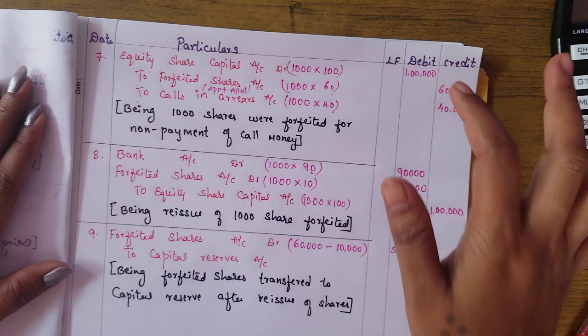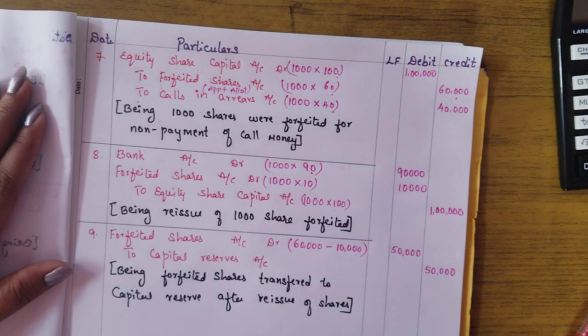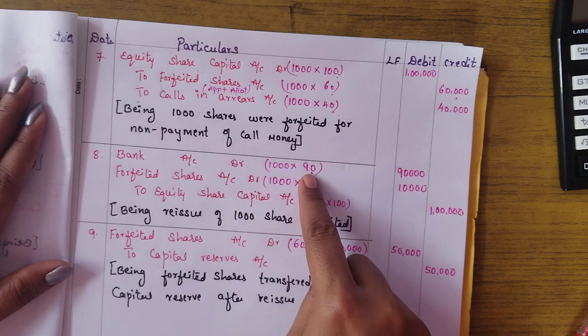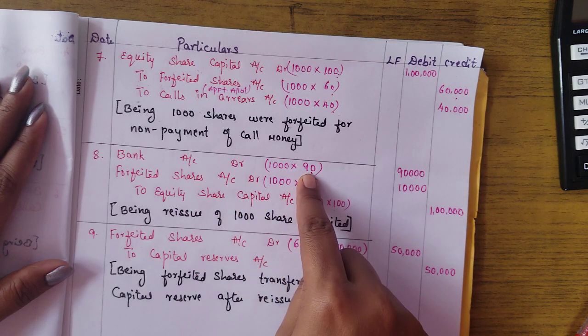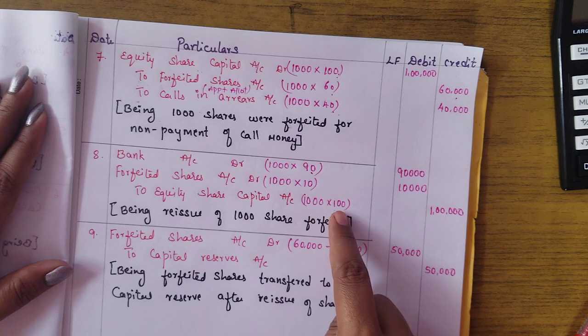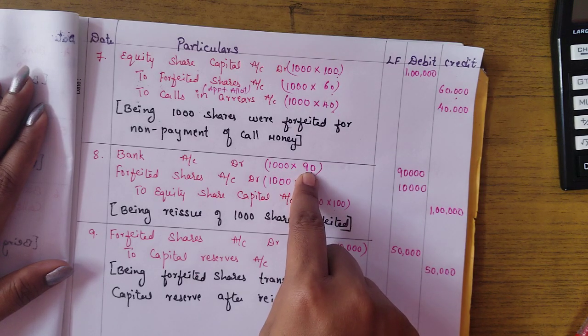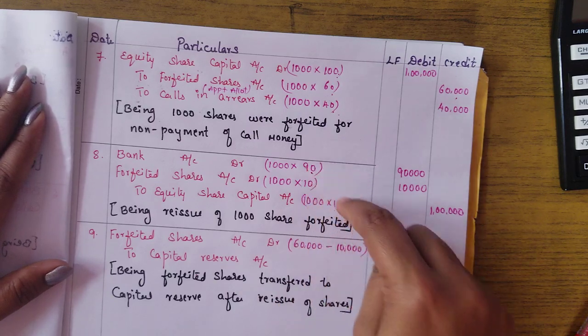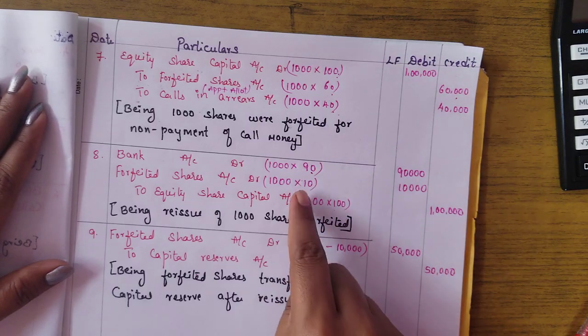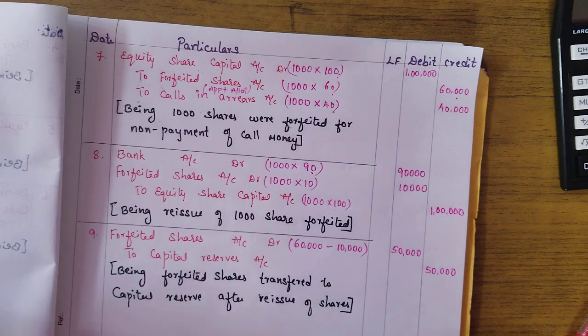So that 60,000 is extra income for the company. They'll keep that 60,000. Once they reissue, they are reissuing at the lesser price. So how much is the shortage? Face value is 100 rupees, and they are reissuing at 90. So they have to match the market price. Is it right? So 10 rupees the company has to adjust.